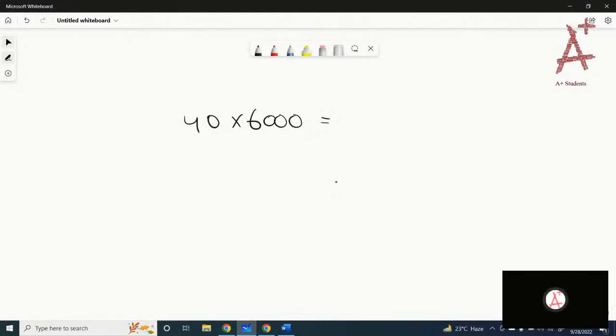So you don't need to multiply the zeros, just multiply 4 times 6. And we know that 4 times 6 is 24. So just write 24, count all the zeros, 1, 2, 3, 4, collective zeros for both the numbers. We have 4 zeros, so just add 4 zeros. So it's 240,000. Got it?